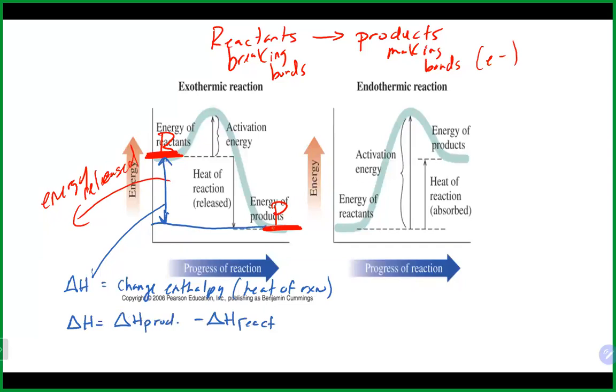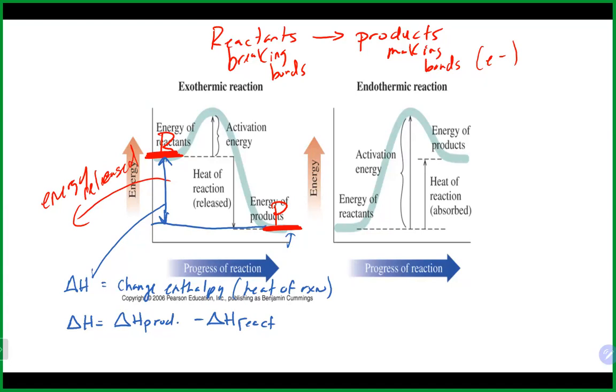Now, if we look at this diagram, we see our products are lower in energy than our reactants, which means if we actually had a value for our products, should it be a higher or lower number than the reactants in terms of energy? Because the products are lower in energy, if we actually had a number, it would be a smaller number than our reactants, right?